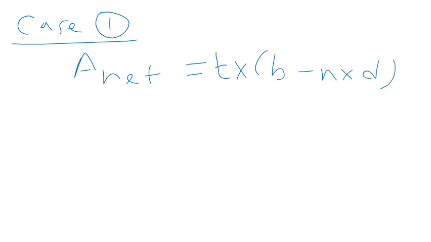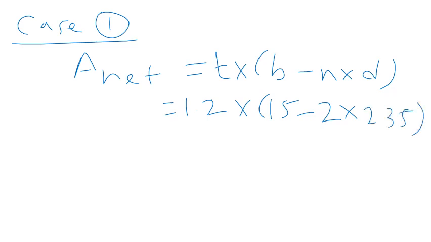Just plug in the values. t is the thickness, so thickness of the plate is 1.2 centimeter, remember that, into b is the width of the flat, that is again in centimeter. The number of rivets n is 2, and d diameter is 2.35 centimeter, or 23.5 millimeter.